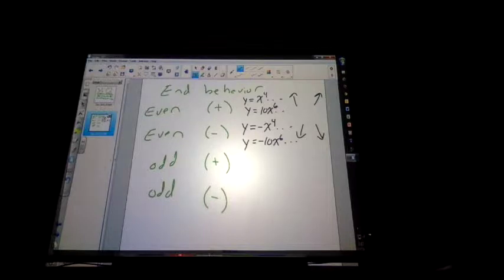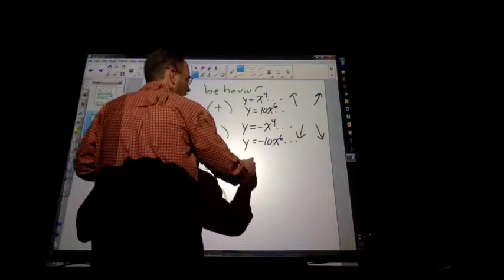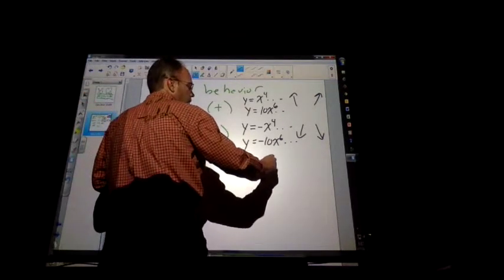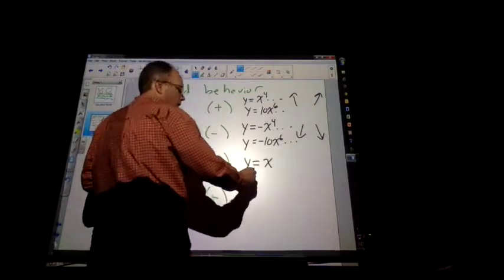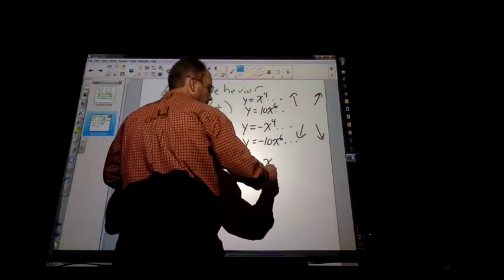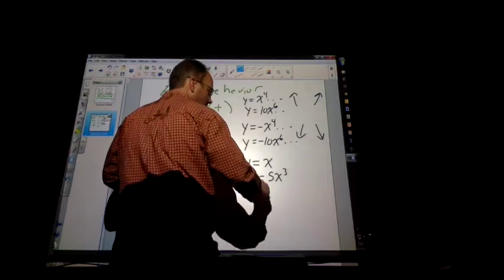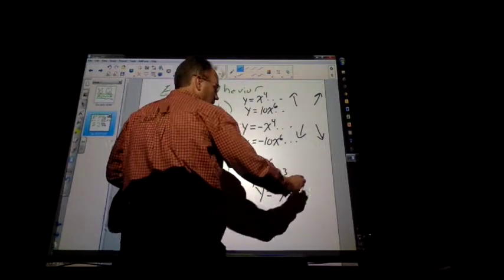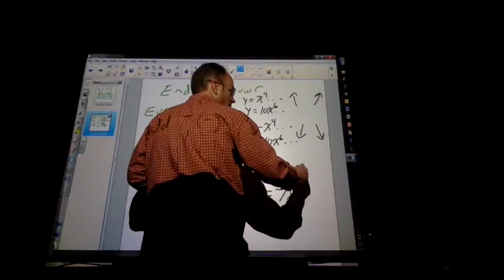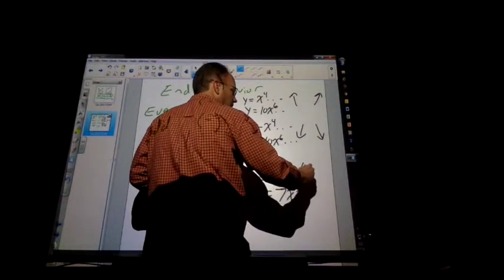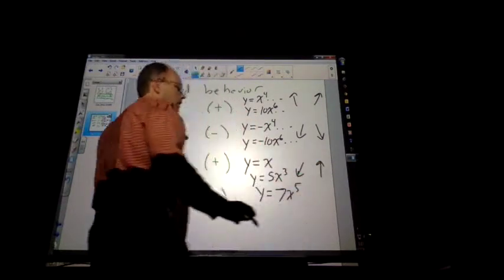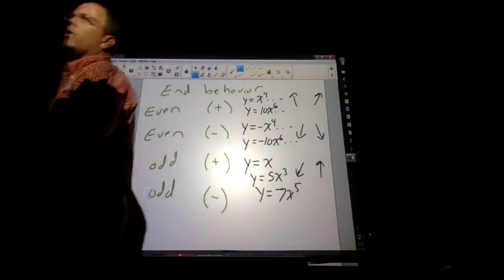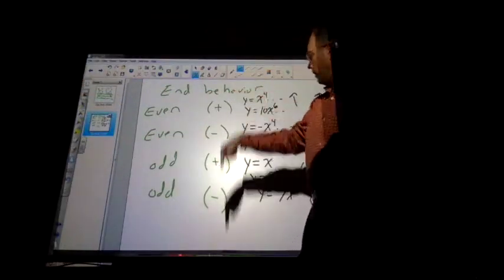Okay? Now, if I have a graph such as y is equal to x, which is a line, y equals 5x to the 3rd, y equals 7x to the 5th. These graphs are going to have ends that look like this. So as I go this way, it's going down.